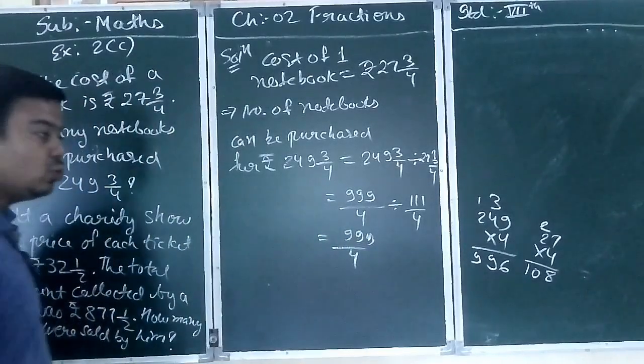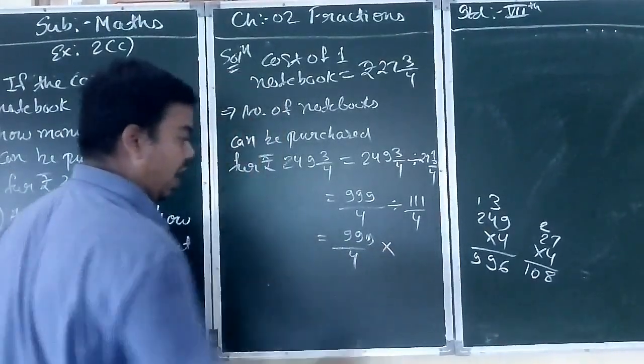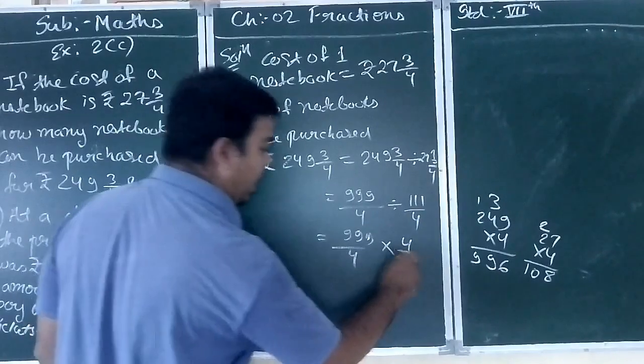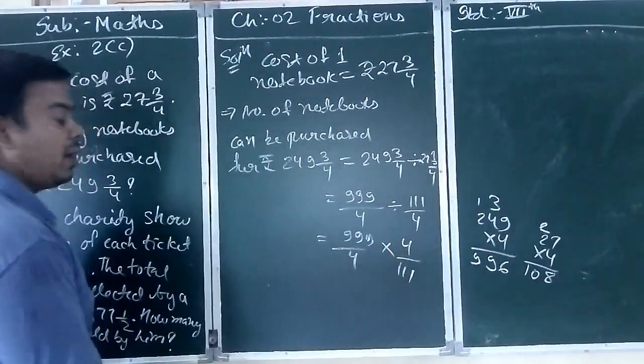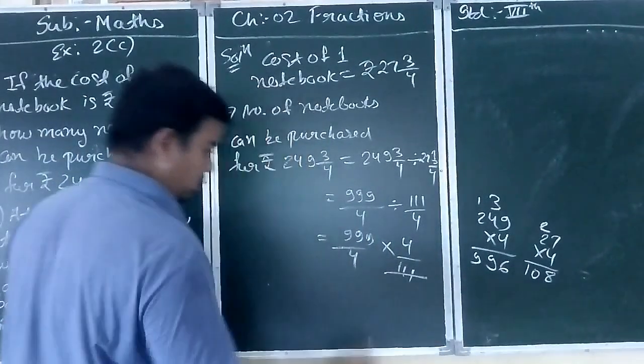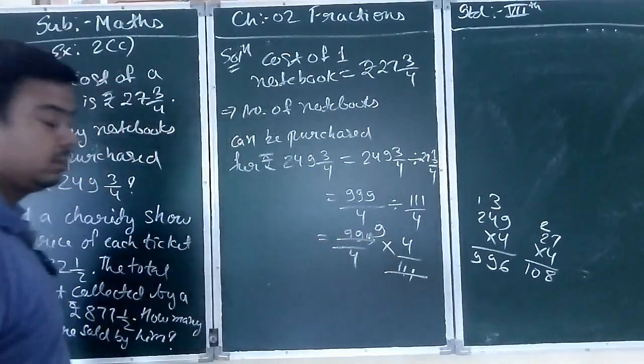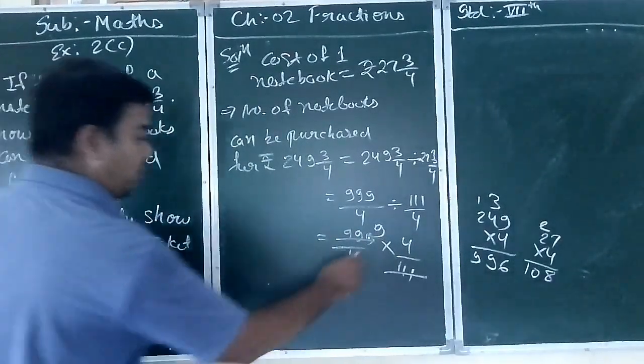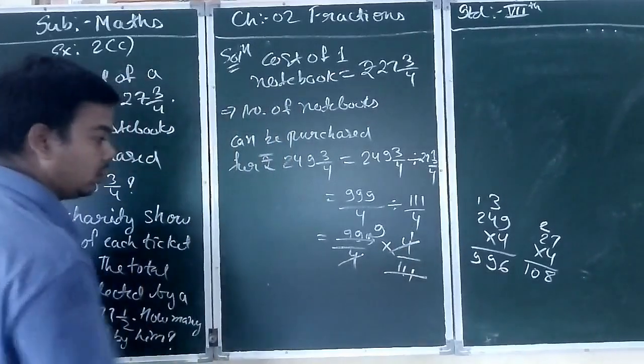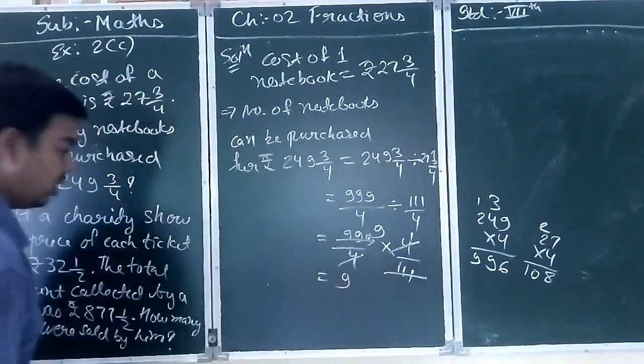Divide sign changes into multiplication, and 4 by 111 is the reciprocal. 4 and the 4 cancel, so the answer is 9.